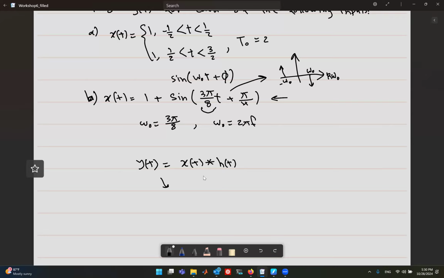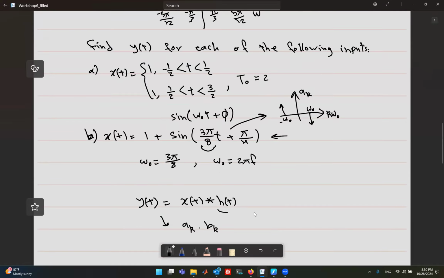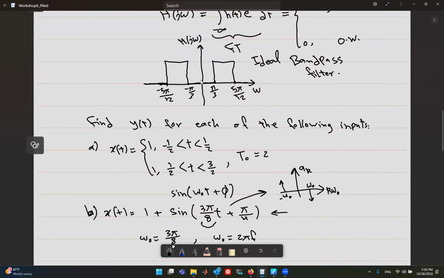Let's say this one has AK coefficients and this one has BK coefficients. We just multiply them. Those are actually the AK of the input. So if we multiply this one with this one, the result will be 0.